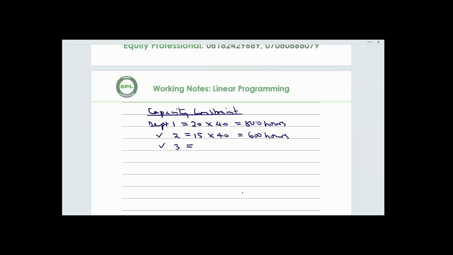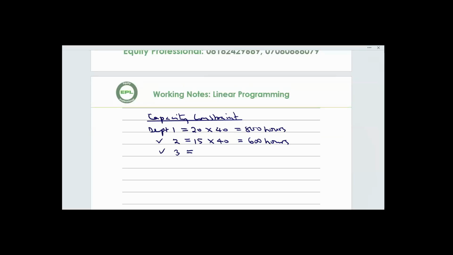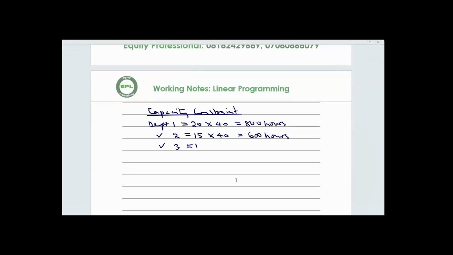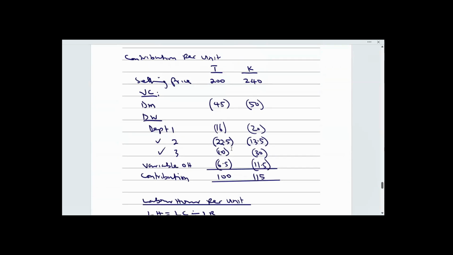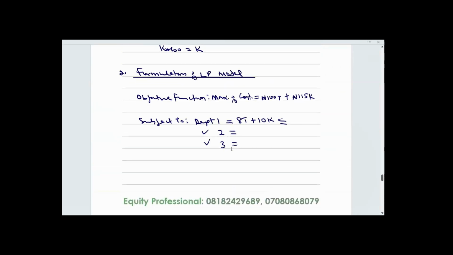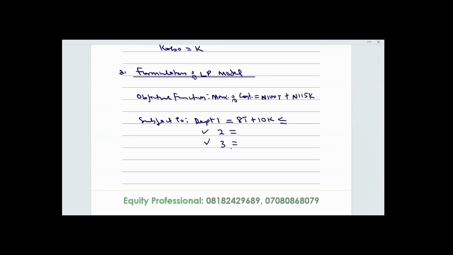Okay, 600 hours. Then in Department 3, we have 18 employees. 18 multiplied by 40 hours required. That should be 720 hours. Okay, that's the maximum capacity. Therefore, I can then come here to say less than or equal to 800 hours.